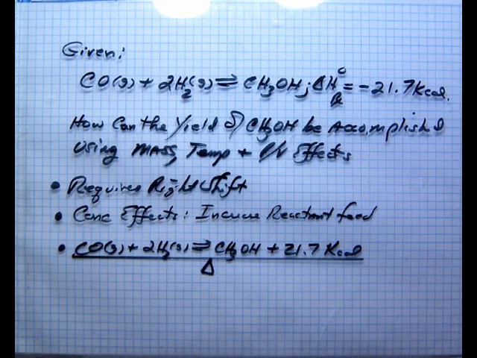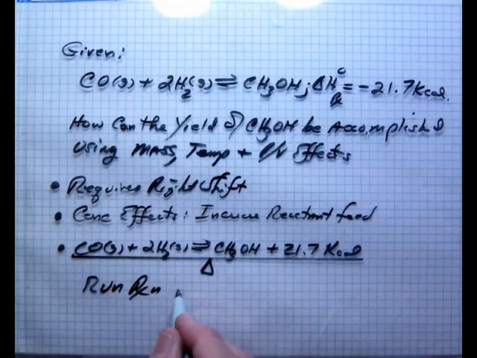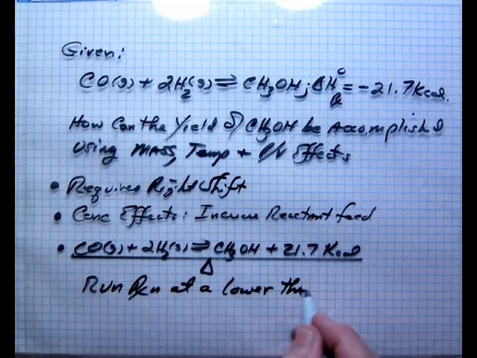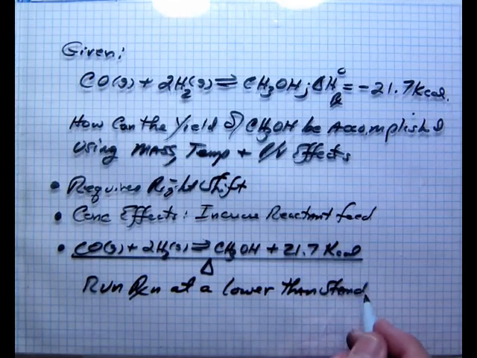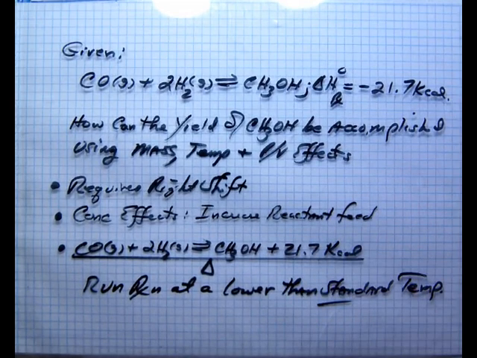If I wanted to shift to the right, would I heat it? If I heated it, which way would it tilt? It would tilt down this way and shift to the left, which would violate what the problem is asking. Standard temperature refers to 25 degrees Celsius.